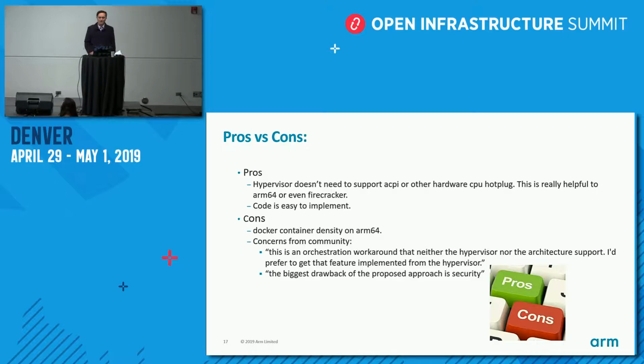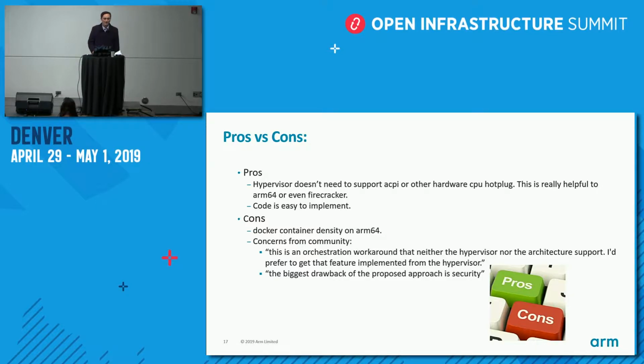Currently, all the required vCPU resources have been reserved after the guest starts, but the user in the container can only use the online ones. Here is a summary of the pros and cons.